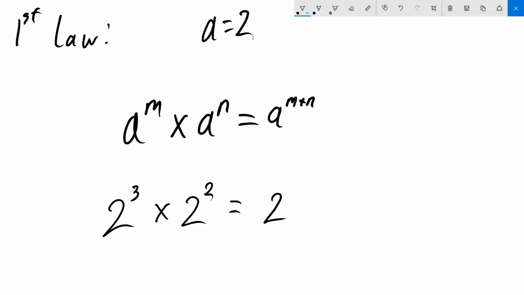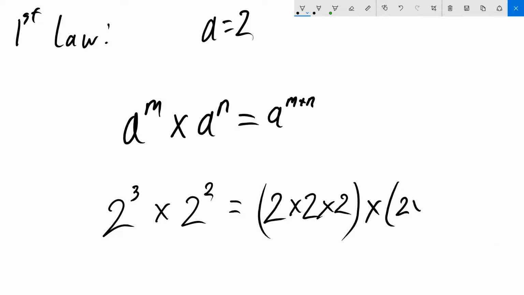We already know that 2 to the 3 is just 2 times 2 times 2, right? Put that in brackets, times our 2 to the power of 2, 2 times 2. If you look at the brackets, we really don't need them, so we can just get rid of these.